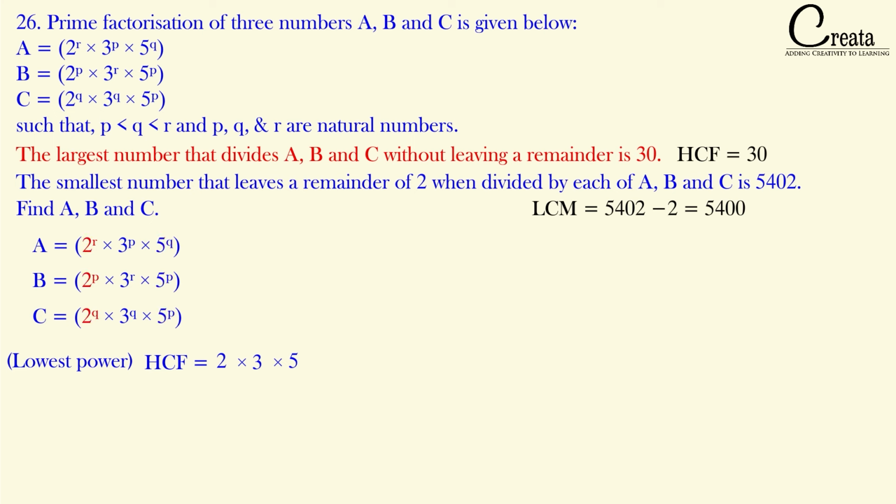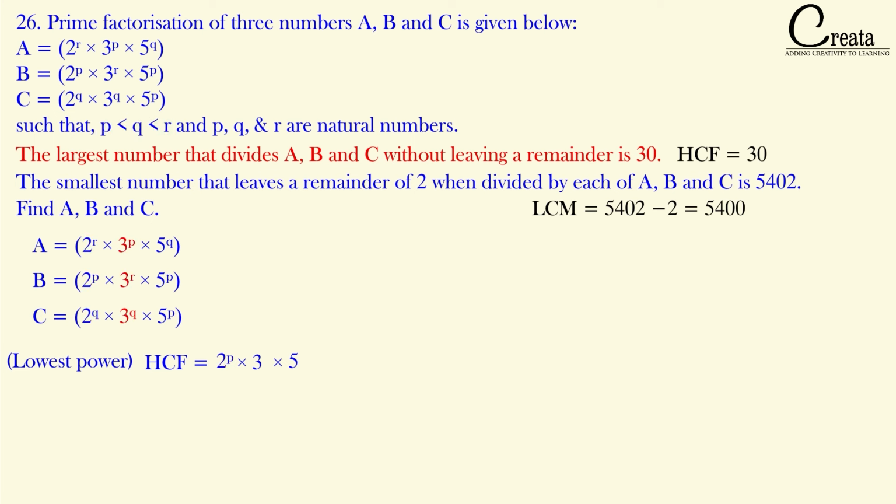And what is the lowest power of 2? Here for a, the power of 2 is given as r. For b, the power is given as p. For c, the power is given as q. And which is the smallest of r, p and q? P is the smallest of the three numbers. It is given in the question. P is the smallest. So let's take the power of 2 as p in the HCF.